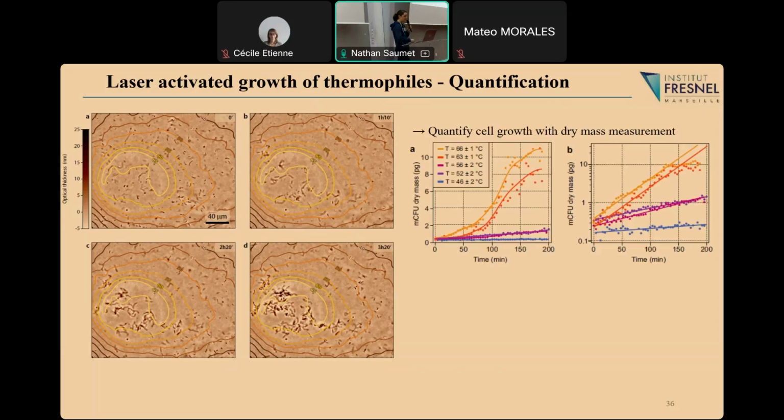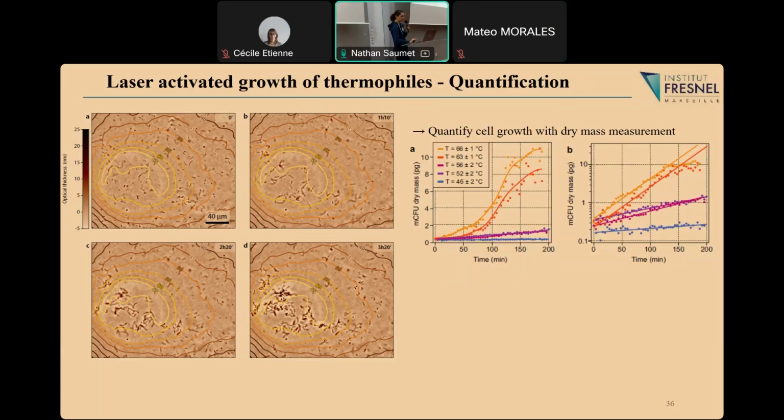And the dry mass measurement is performed with the same camera as the one that gives me the temperature. So if we plot the dry mass with time for different temperatures, we observe that for higher temperature, we have a strong growth, which is totally expected.